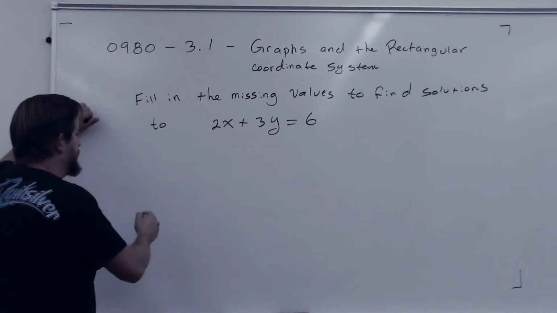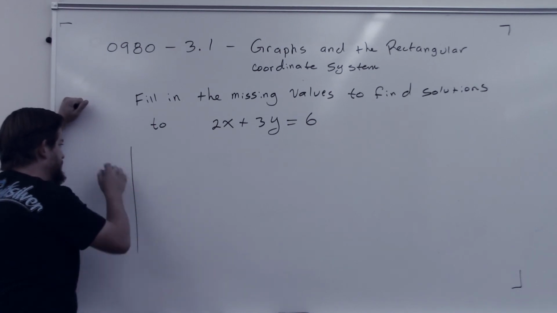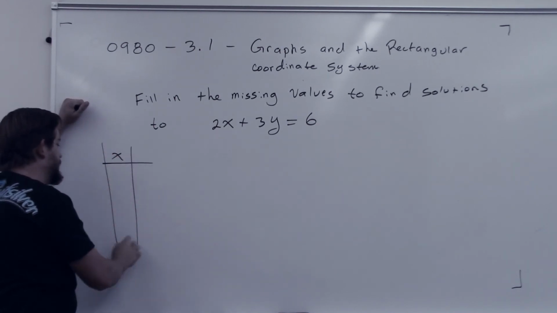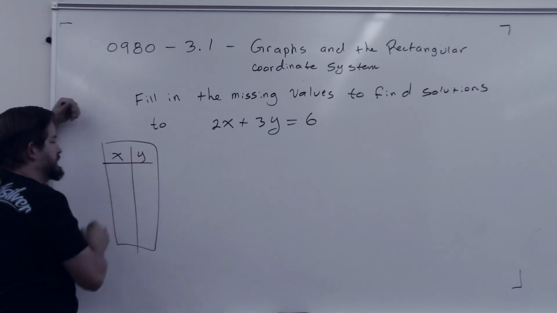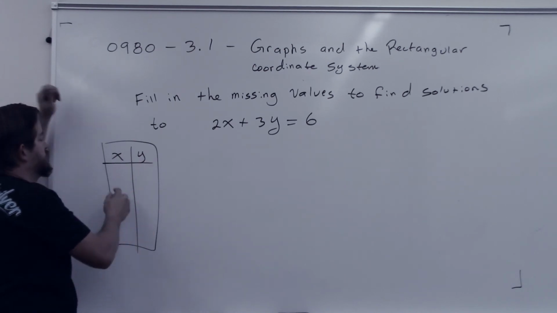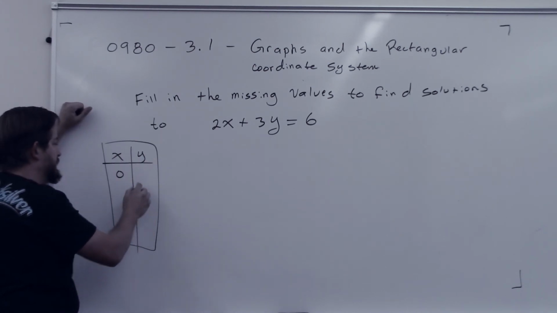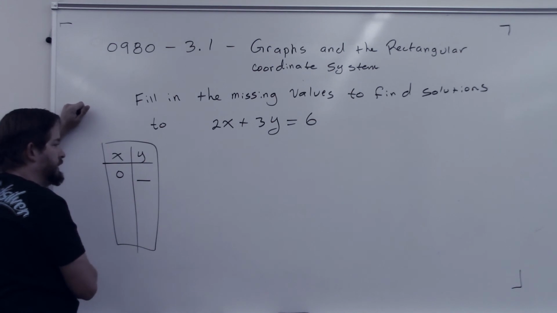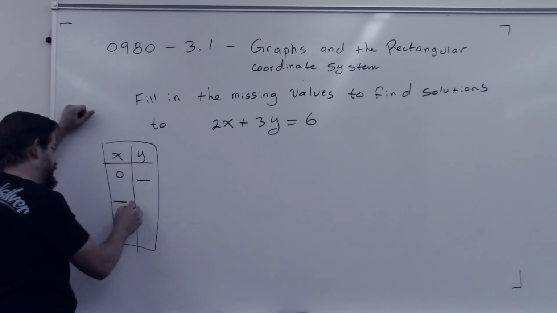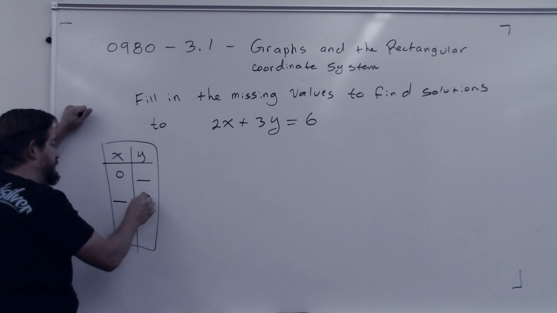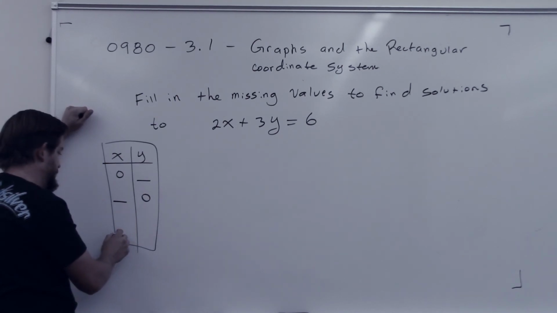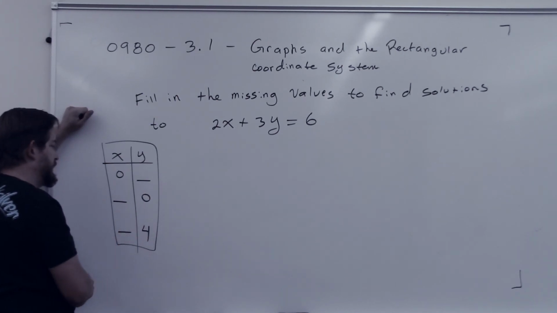And they'll give you some, a lot of times it's in a table to give you an x value and a y value, or some ordered pairs with pieces missing. We'll do it in this format. We've got 0 and I don't know for y. And then we have I don't know for x, and then the 0 for y, and then an I don't know and a 4, right?